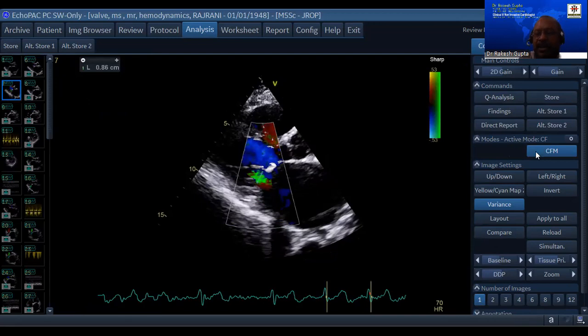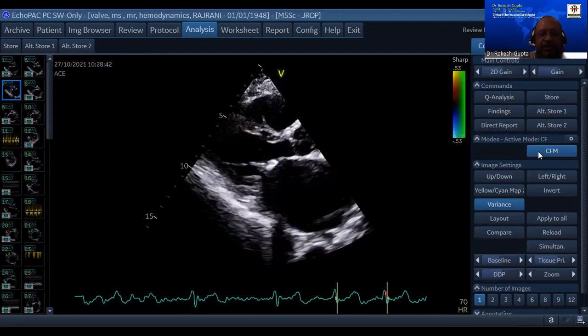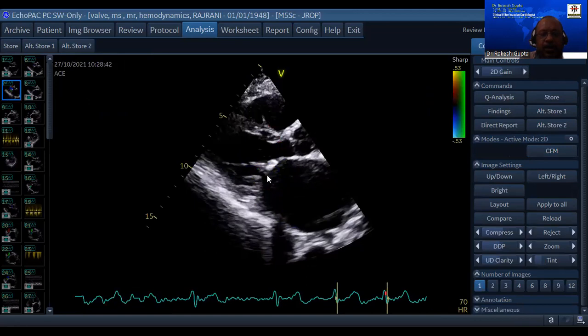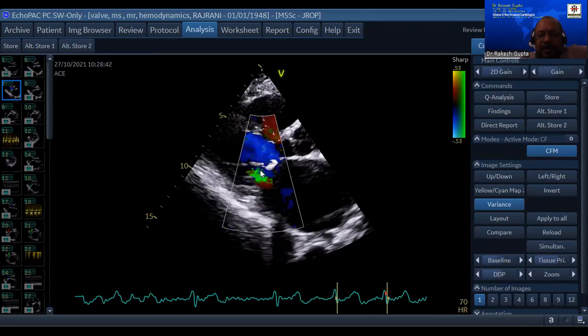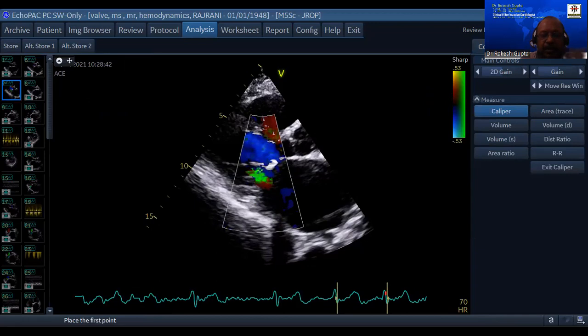First, I'll get rid of this CFM. This is the place between two leaflets where we are measuring the flow of color during systole in the parasternal window. Once you switch on the colors, we measure from this point to this point, between the two mitral valve leaflets.